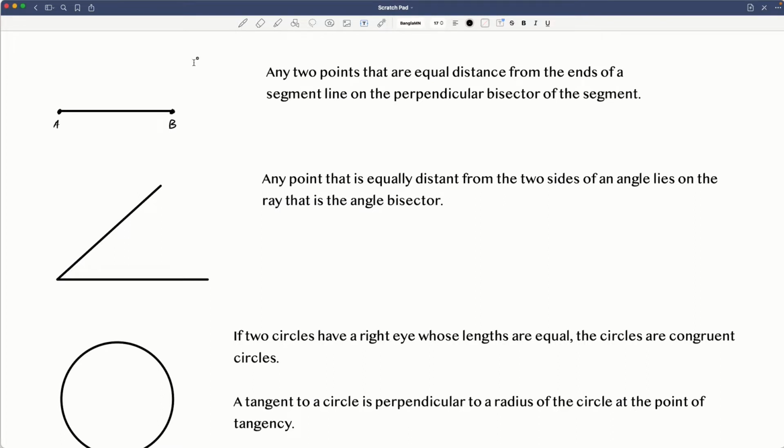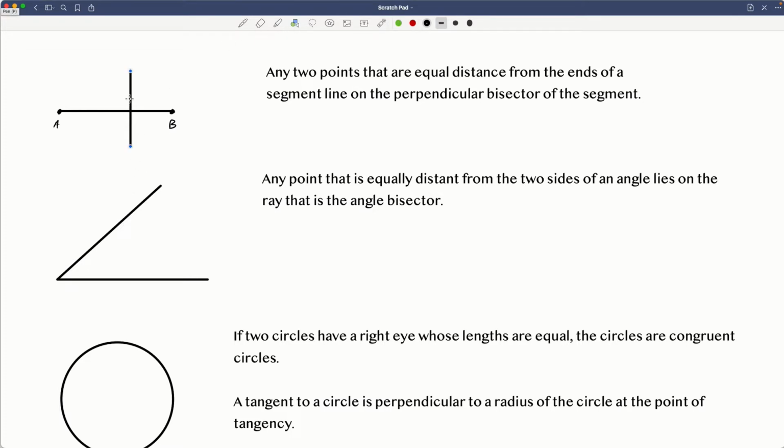So we are going to draw a line. If I can get my little line thing here, I'm gonna give you an illustration of that. So we have AB here. That's our line that I want to talk about.